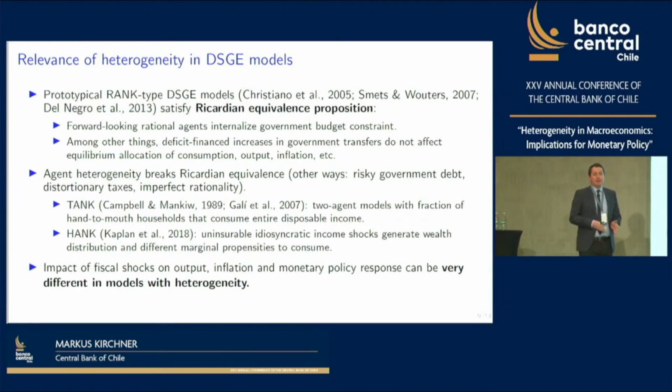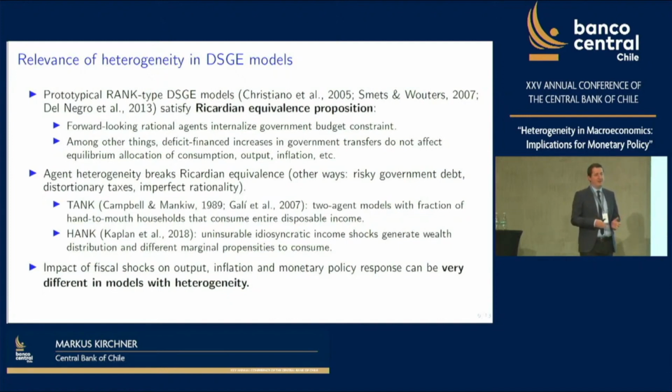So a prototypical representative agent type DSGE model, which many central banks use, satisfies the Ricardian equivalence proposition. So the forward-looking rational agents internalize the government budget constraint.